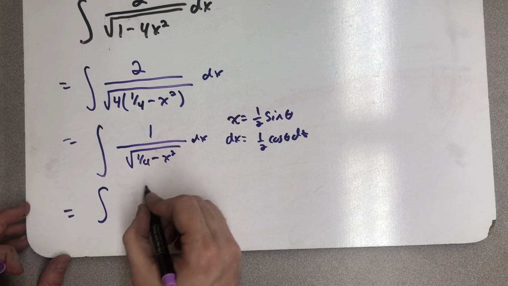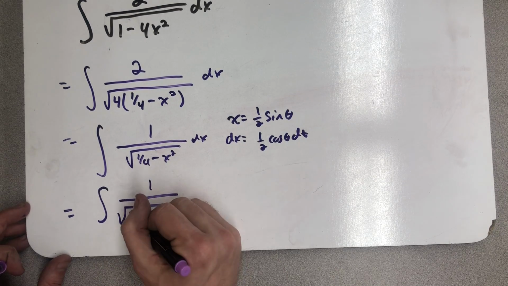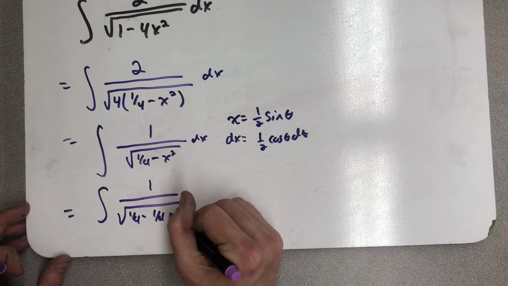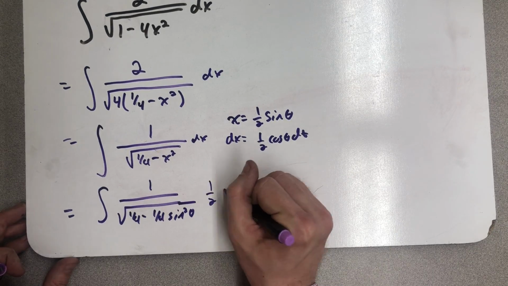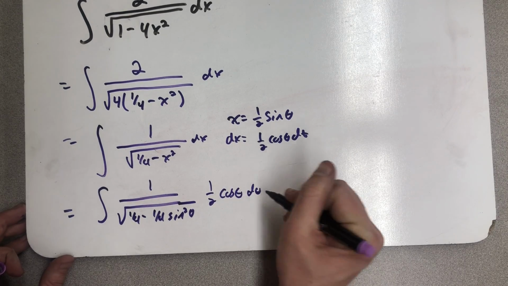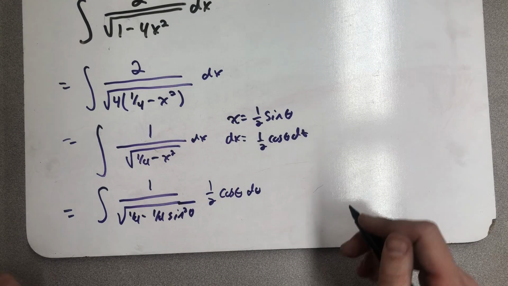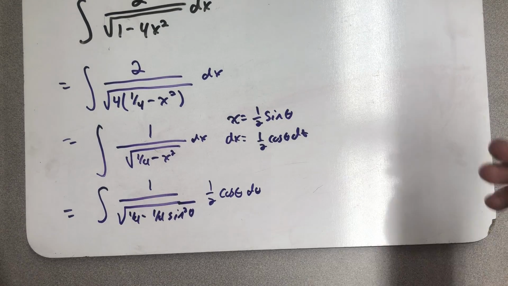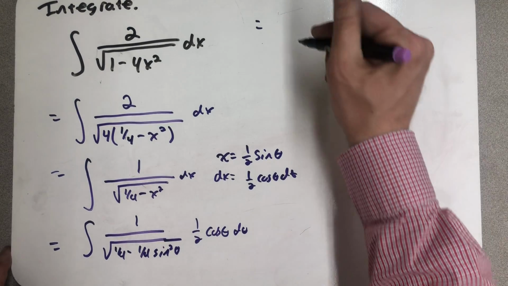Let's see. 1 over the square root of 1/4 minus x squared. So 1/4 minus 1/4 sine squared theta. And the dx becomes a 1/2 cosine theta d theta. I can factor out a 1/4. The square root of 1/4 is 1/2.